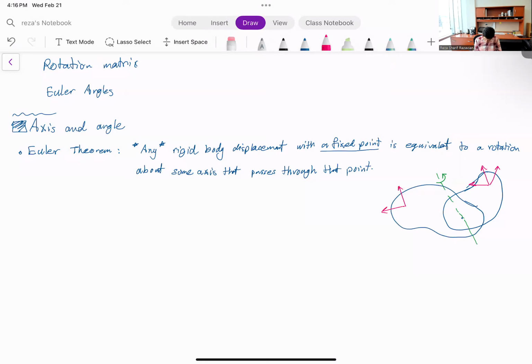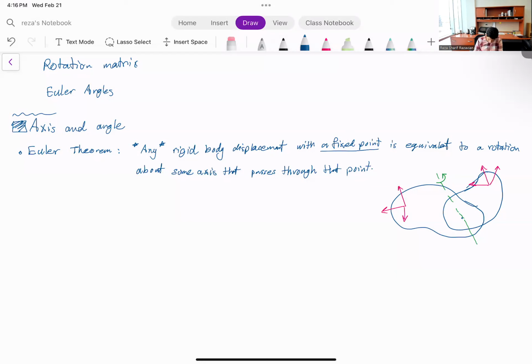Let me draw it in this direction, just to pretend the whole body has rotated in 3D. So this is the essence of axis-angle. We can represent rotation by rotation about an axis with a certain angle about that axis. And we can do this because Euler tells us so.